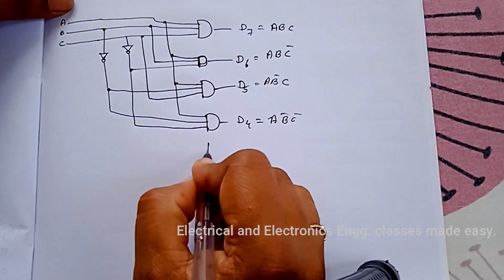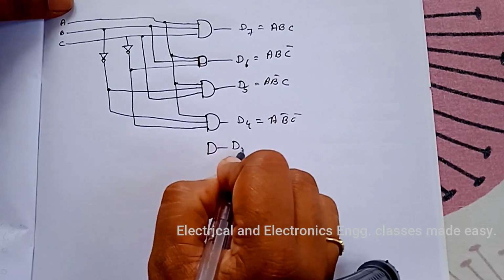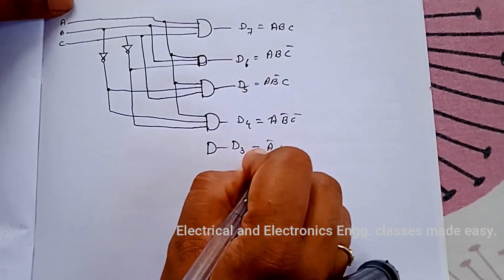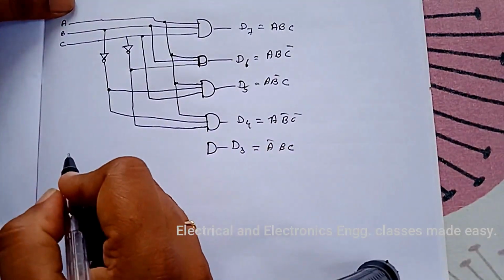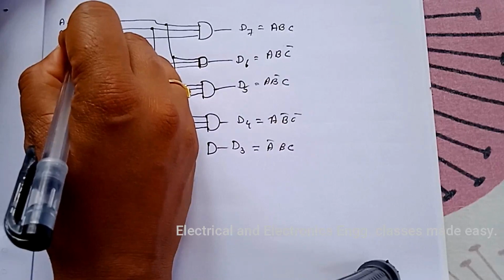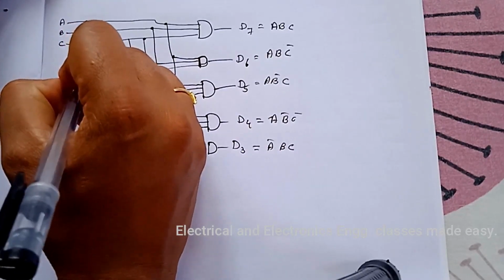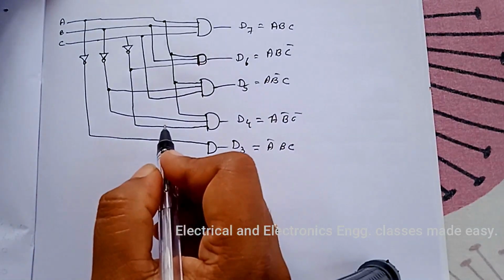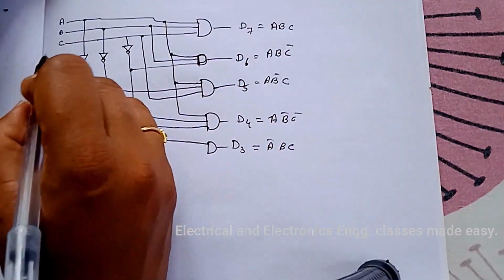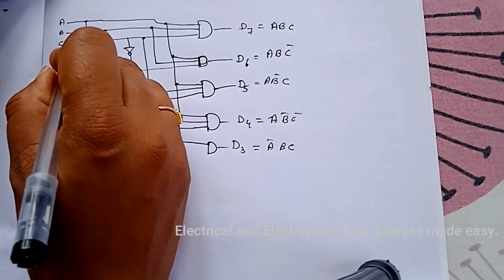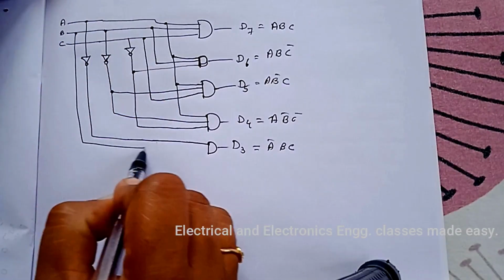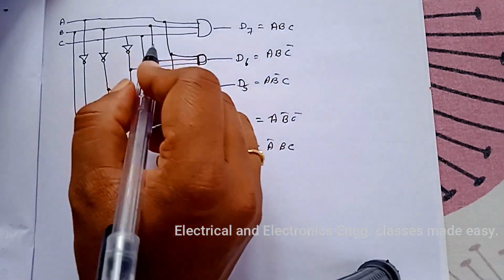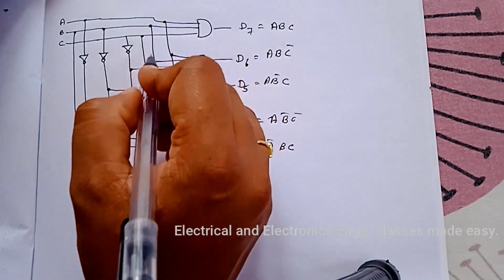Next is D3, and D3 is A bar, B, C. For that we need a NOT gate here, A bar, then B, then C. C we have already taken here.